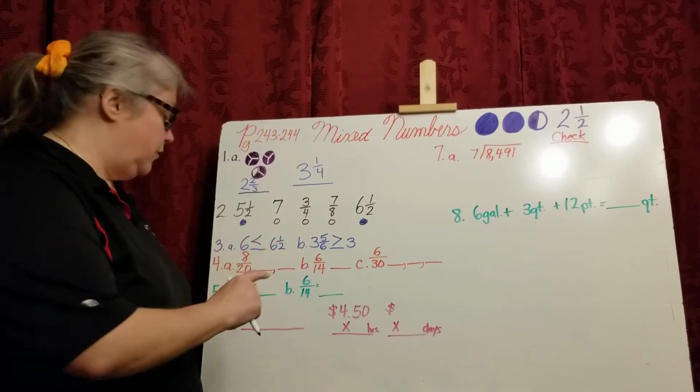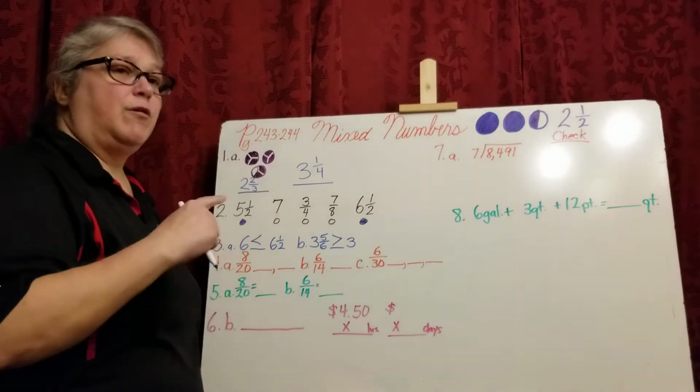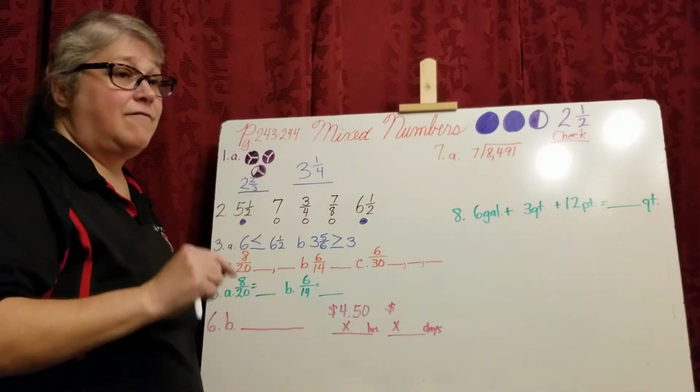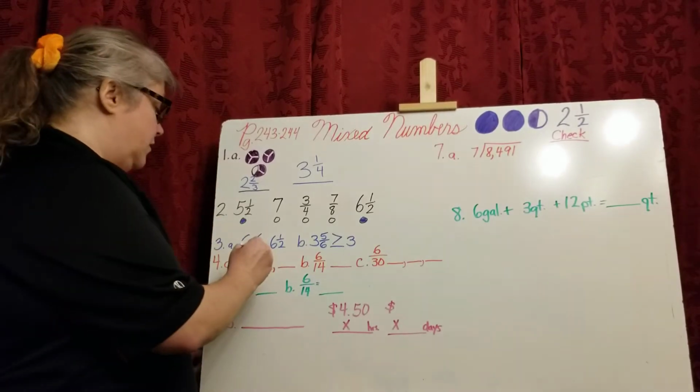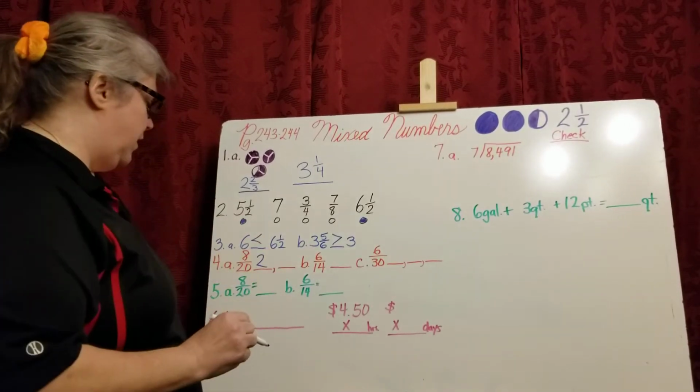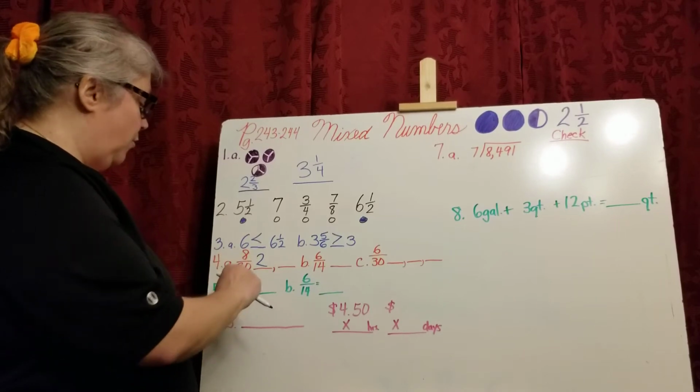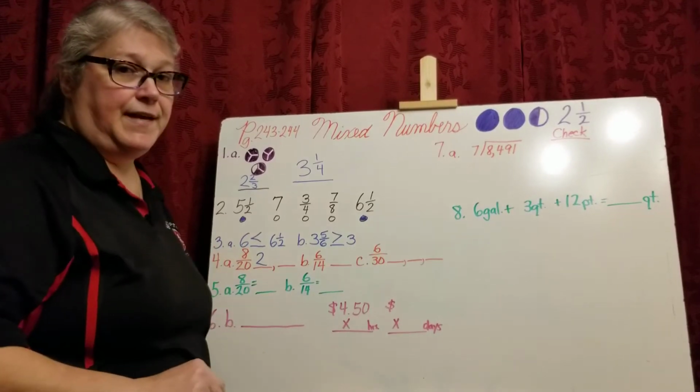So here's one clue. Both of these are even numbers. So if they're both even numbers, that tells us we can divide both of them by what? 2, right? So 8 divided by 2 is 4, and 20 divided by 2 is 10.